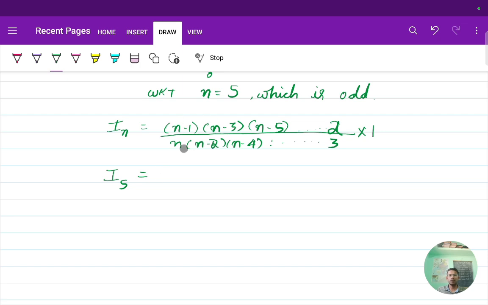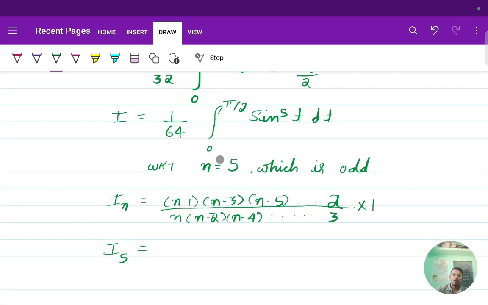I5 is equal to, here we have 1 by 64, right? We have to write it here. That is 1 by 64 into, now we can write 5 minus 1, 5 minus 3. 5 minus 3 is 2. At the last we have to get 2.